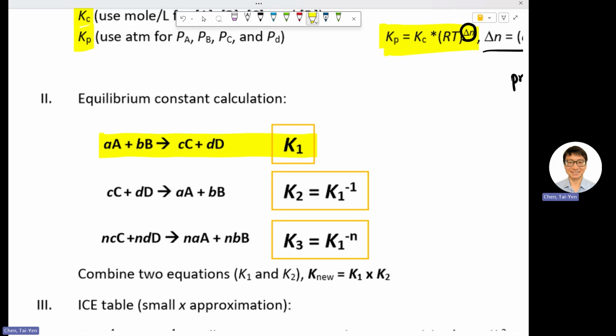Because now product becomes reactant and reactant becomes product. So if you flip the equation going from here to here, then the new equilibrium constant will be the reciprocal of the original equilibrium constant K1.